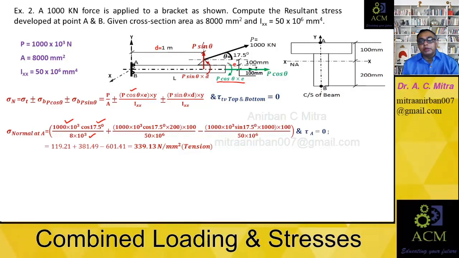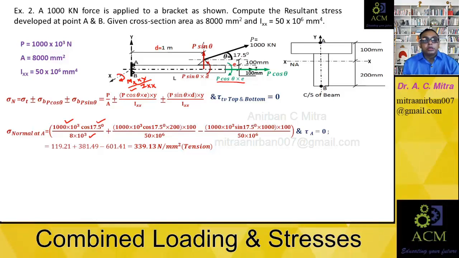As this moment is applied along the x-axis, it is a rotation along the x-axis, that means the formula will be Mx into y divided by Ixx.